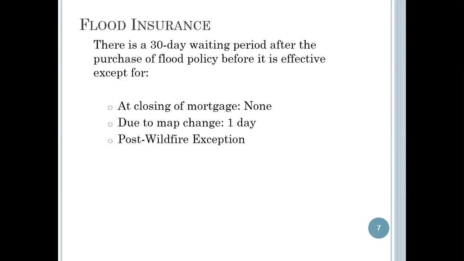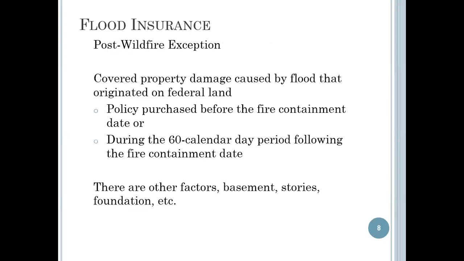And we're dealing with this post-wildfire exception today. It's an exception, not a waiver. So in the post-wildfire, we cover damage caused by a flood that originated on federal land, on a policy that was purchased before the fire containment date, or during or before the 60th day from that containment date.